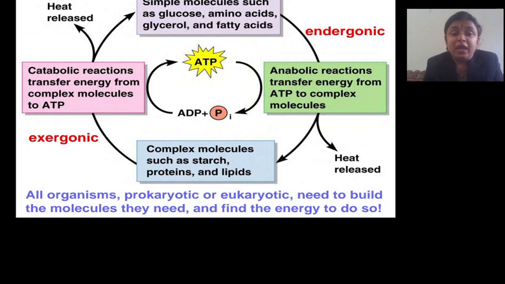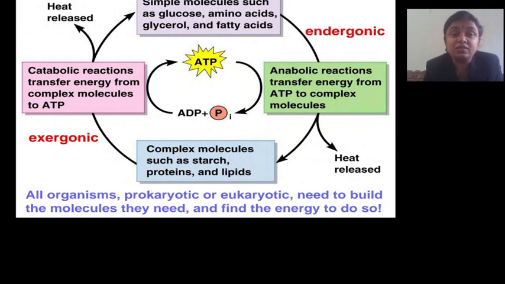This diagram explains the concept of catabolism and anabolism, where complex molecules such as proteins, lipids and starch undergo catabolic reactions, and as a result of catabolic reactions energy is produced, and the complex molecules are converted into simpler molecules such as glucose, amino acids, glycerol and fatty acids.